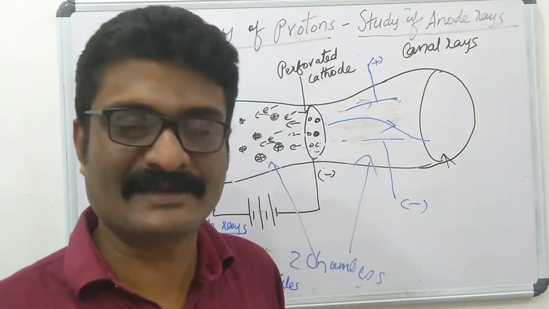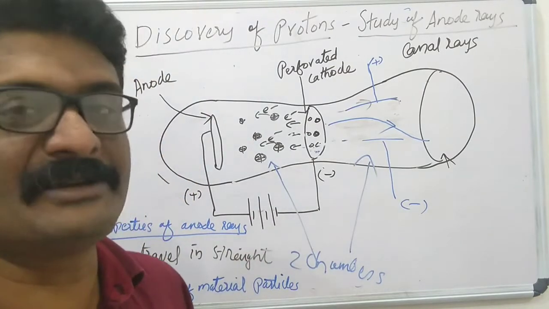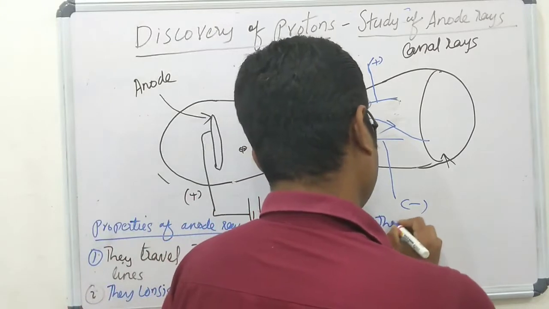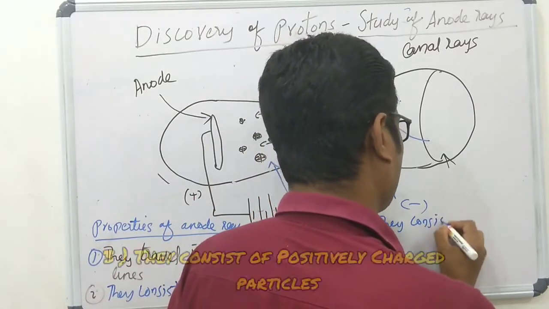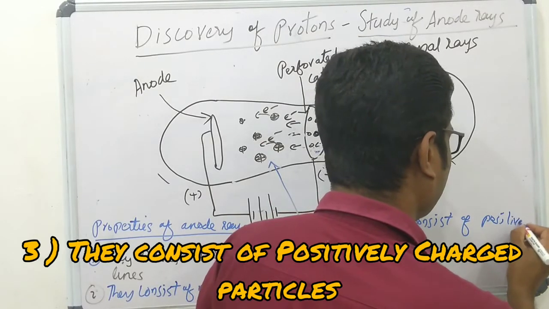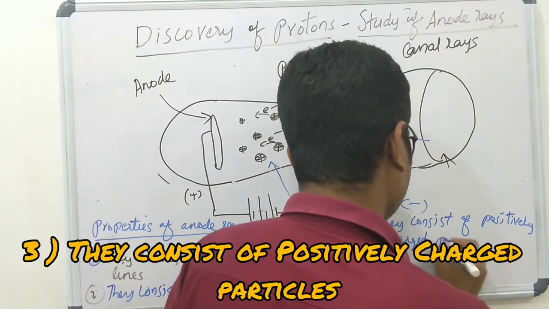Hence, we can say that anode rays consist of positively charged particles. Number 3, they consist of positively charged particles.